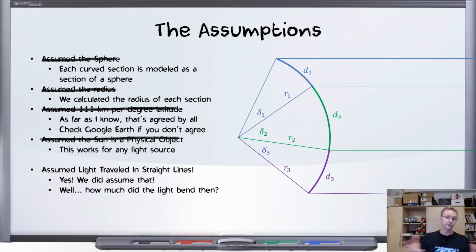This is not a proof. This is an observation that we're going to do collaboratively. And the way we should be looking at this is not, is this going to finally shut down those nasty globers? No, this is the wrong way to look at it. What we should be looking at is, how much did the light bend?